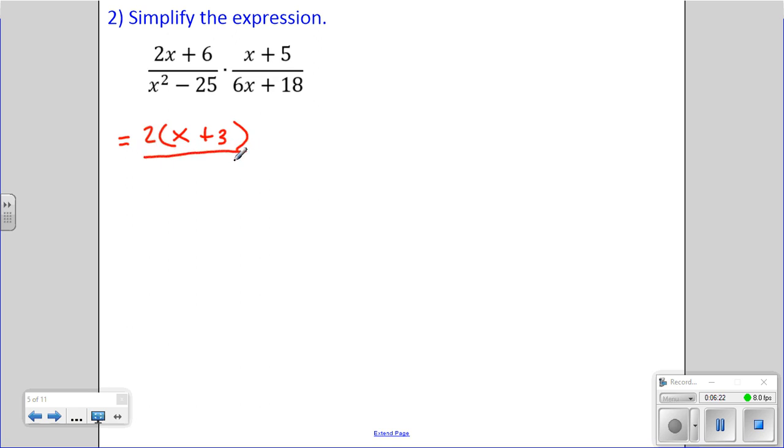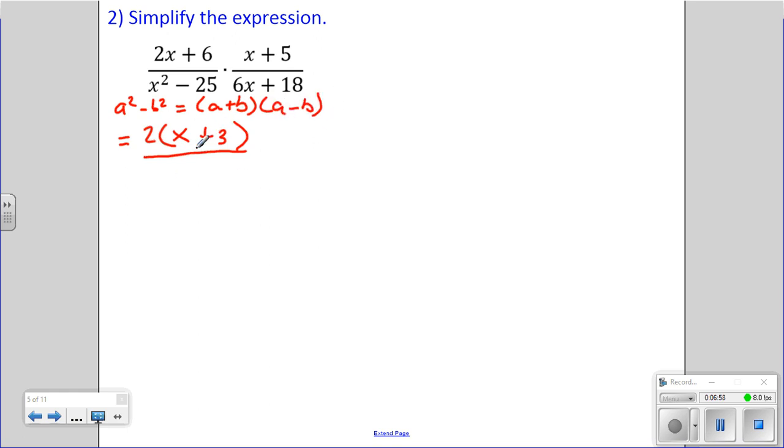At the bottom left, it's a squared binomial. And I see a perfect square of x squared, and 25 is a perfect square, and there's a minus sign in between. So that means this is a difference of squares. To factor a difference of squares, there is a formula that we talked about. The formula being a squared minus b squared is equal to a plus b times a minus b.